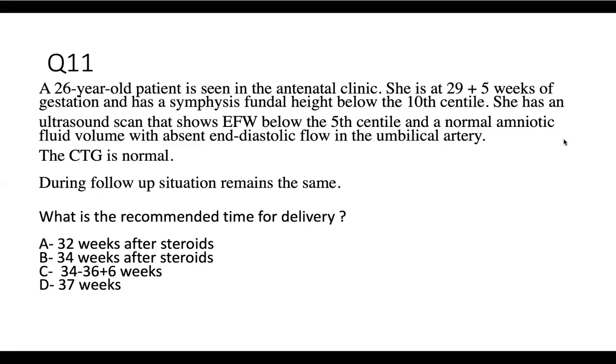So let's complete. Below the 10th centile, she had an ultrasound scan that shows estimated fetal weight below the 5th centile and normal amniotic fluid, with absent diastolic flow in the umbilical artery Doppler, okay? And the CTG is normal. During follow-up, the situation remains the same, okay? So what is the recommended time for delivery?